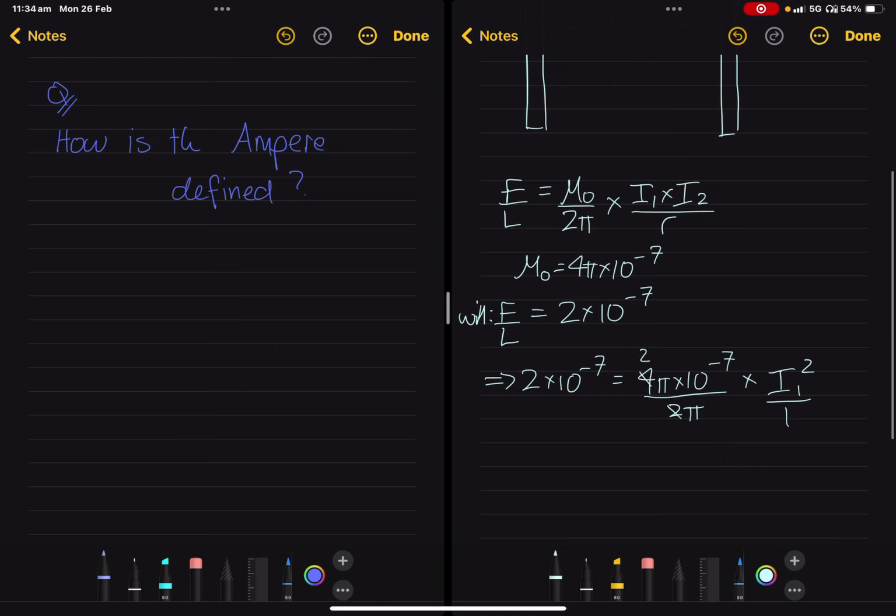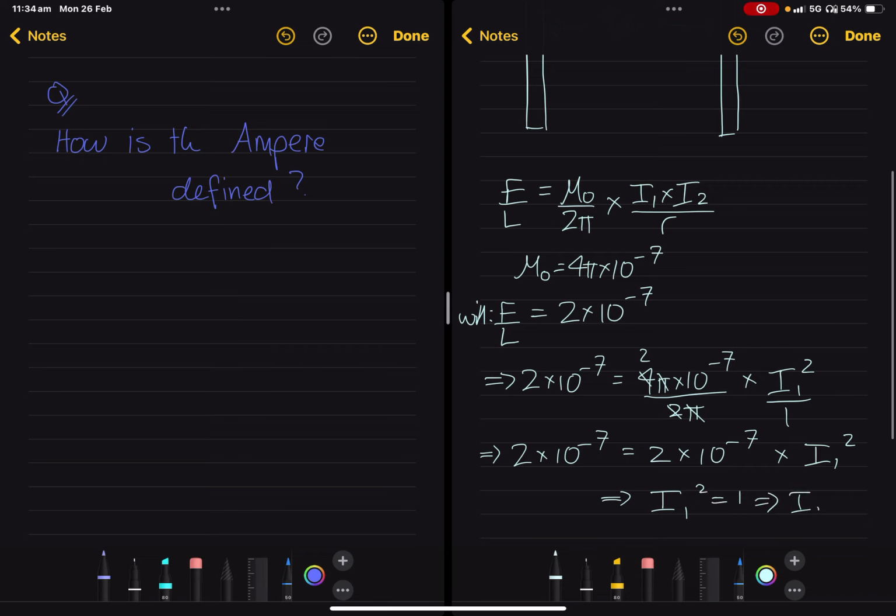These 2's simplify, these pi's cancel. This gives us 2 times 10 to the minus 7 is equal to 2 times 10 to the minus 7 times I1 squared. Well, this implies that I1 squared is 1.